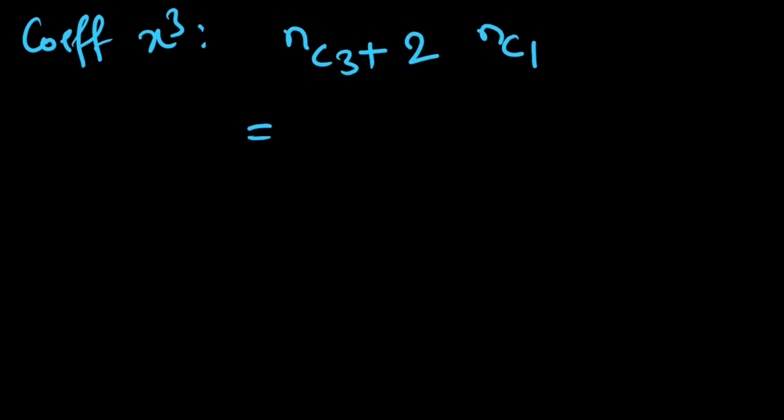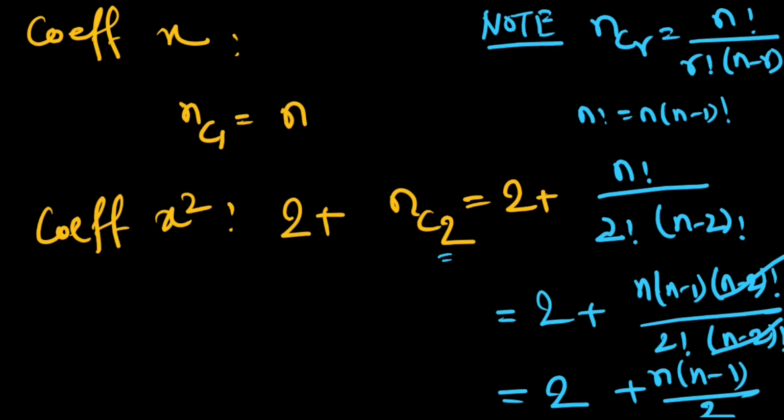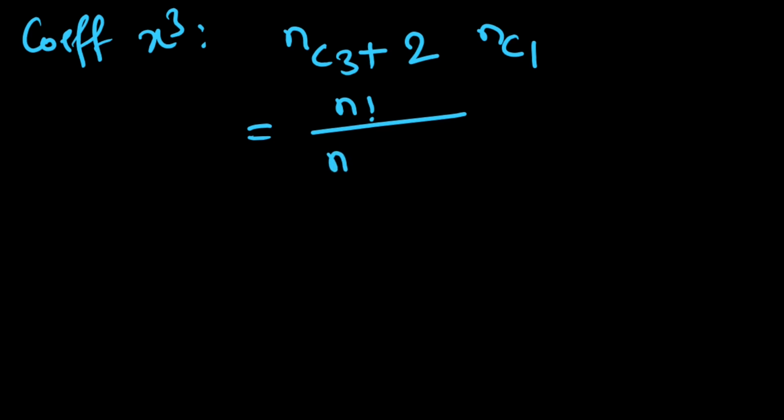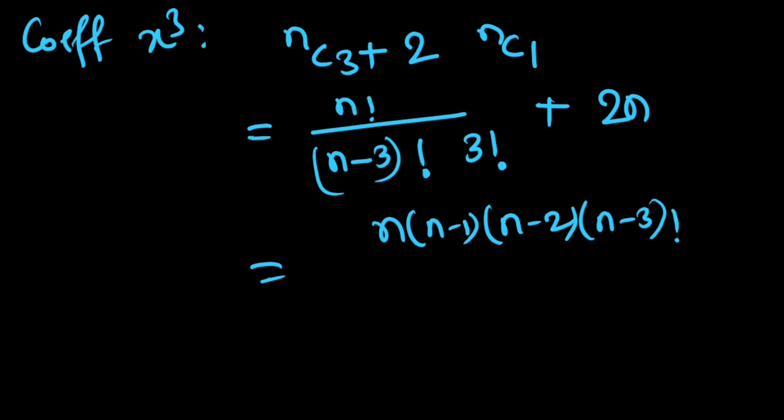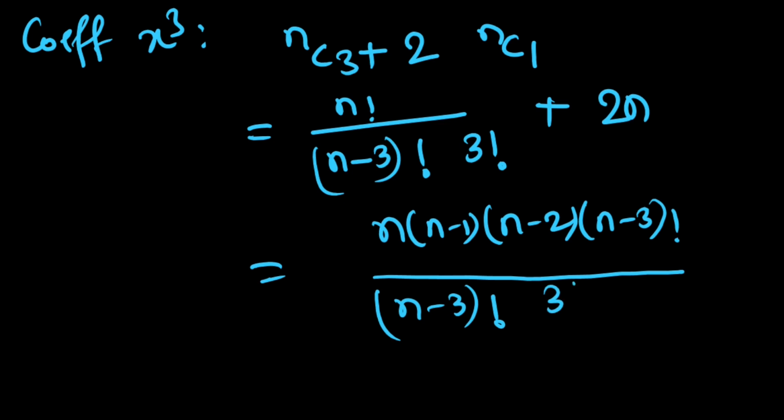We break nC3 using the formula, n factorial over n minus 3 factorial into 3 factorial, plus nC1 means n. n factorial means n into n minus 1, n minus 2, n minus 3 factorial, over n minus 3 factorial into 3 factorial.